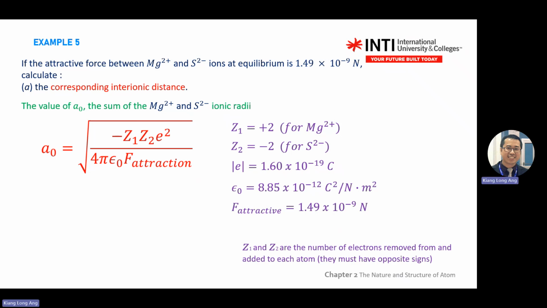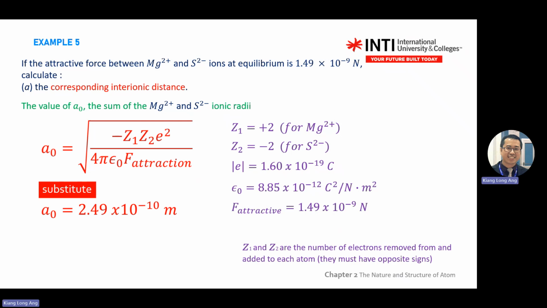If you press square root of a negative number, you get an error in your calculator. So if you get an error, it means something is wrong with your Z value. So it should be a positive value in the square root here. Okay. You substitute, you get a number. This is a reference number for you, 2 point something, times 10 power negative 10.